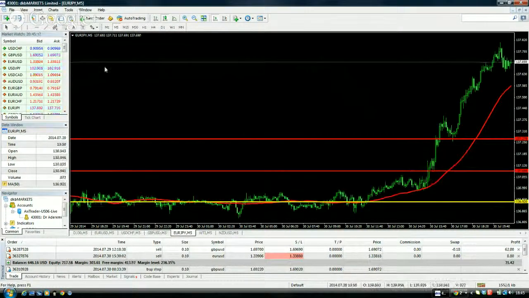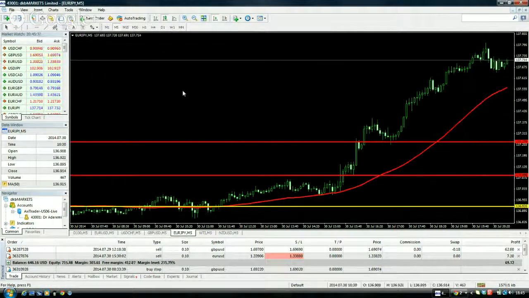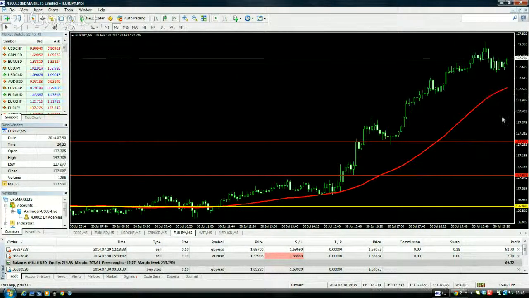We can see from the euro yen, the market has taken off, which is the one that's just gone against the grain. It's way beyond the second resistance, and it's gone all the way up. So for this, I'll use the moving average 50 strategy, because you can see it's gone way beyond the pivot point lines. If the market falls on release of the report and breaks the moving average 50, I will sell.